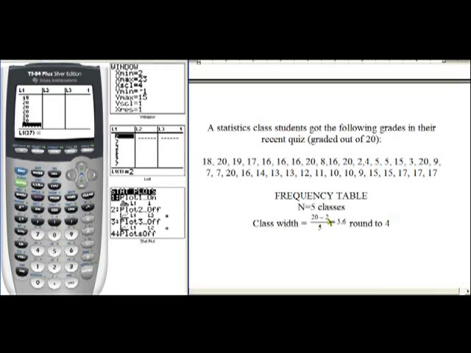Now, you know your minimum is 2 and your maximum is 20, so you go back to your class width calculation. You subtract 2 from 20, divide by 5, you get 3.6. You will always have to round up, even though this number may be 3.2 or 3.1, you will still round up to the next integer.